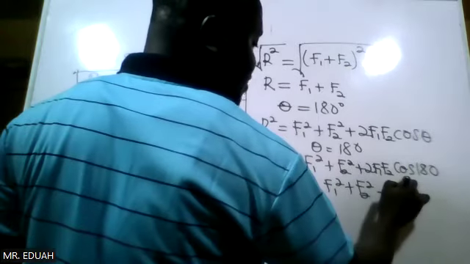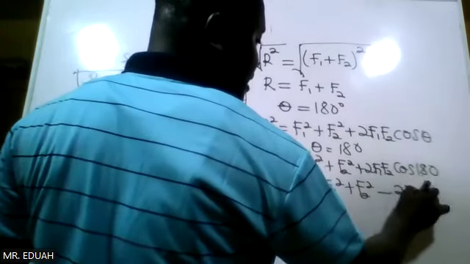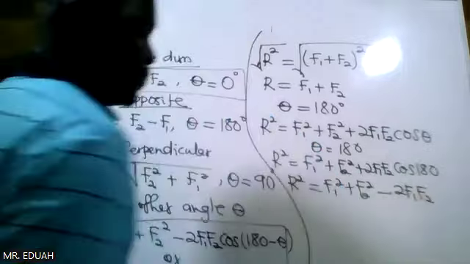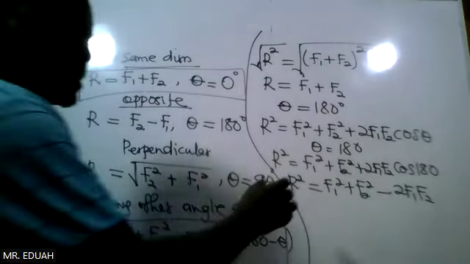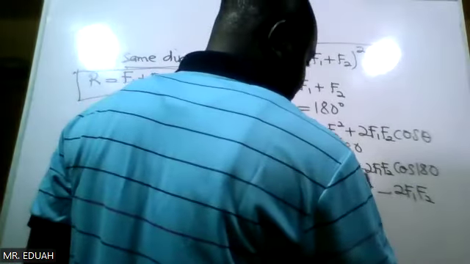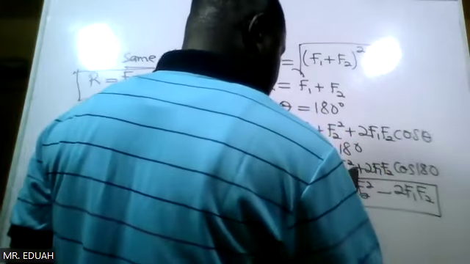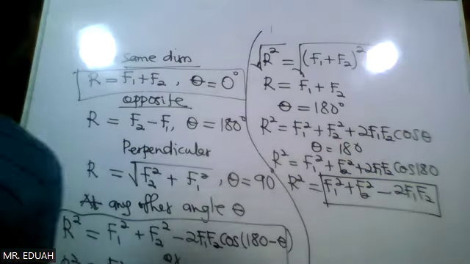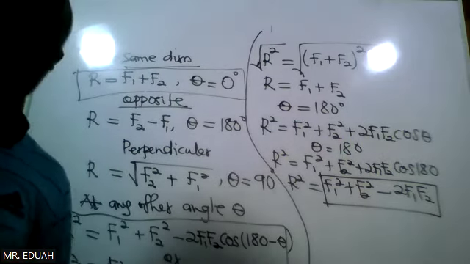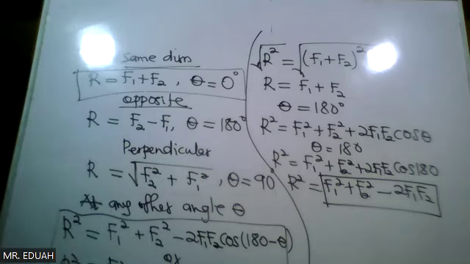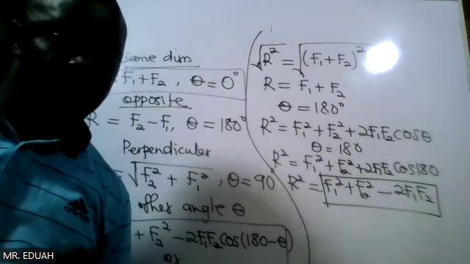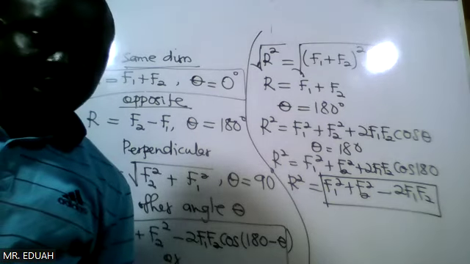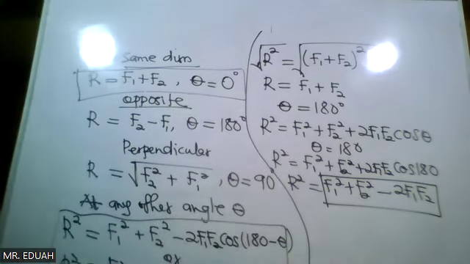So we have, this is negative, so minus 2 F1 F2. What is this thing in a rectangular block? F1 minus F2 all squared. Good.